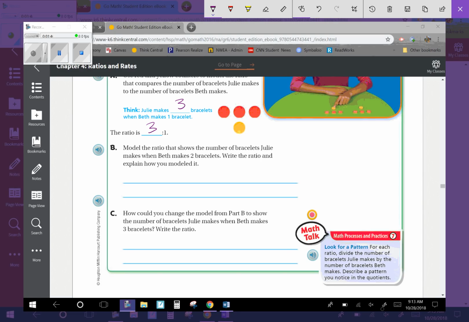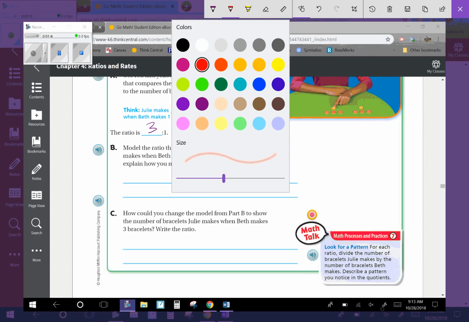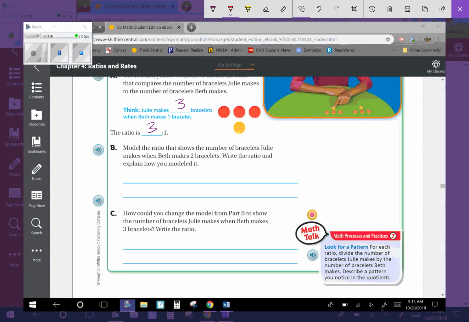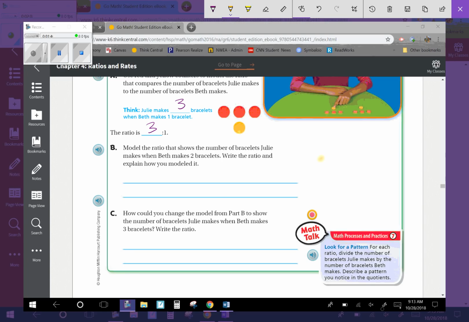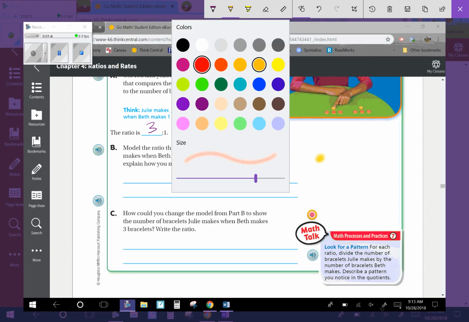Model the ratio that shows the number of bracelets Julie makes when Beth makes 2 bracelets. So we already had 3 for every 1. So if I add 1 more yellow, that means I have to add 3 more red.